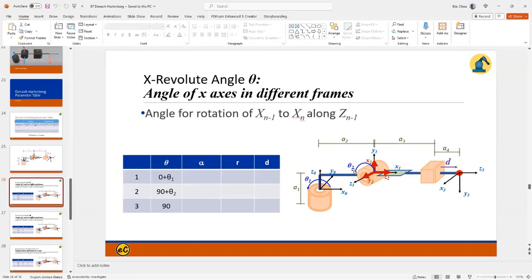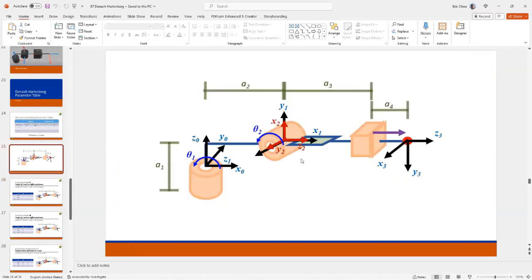That's the angle you get. Third one, you have frame number 2 and number 3. The X direction from X2 to X3 along the Z direction is actually 90 degrees here. It is fixed at 90 degrees.